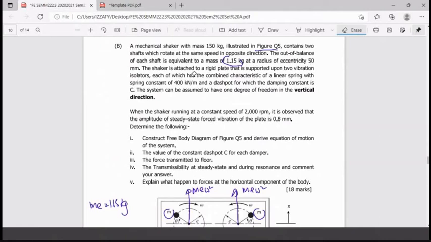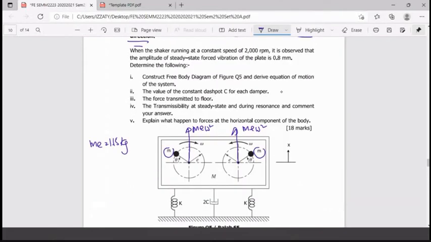The shaker is attached to a rigid plane and supported by two vibration isolators, each of which has a combined characteristic of a linear spring with spring constant 400 kilonewton per meter, and also a damper C. The system can be assumed to have 1 degree of freedom, in the vertical plane only. Even though you know there are horizontal and inclined forces, we assume only the vertical plane.